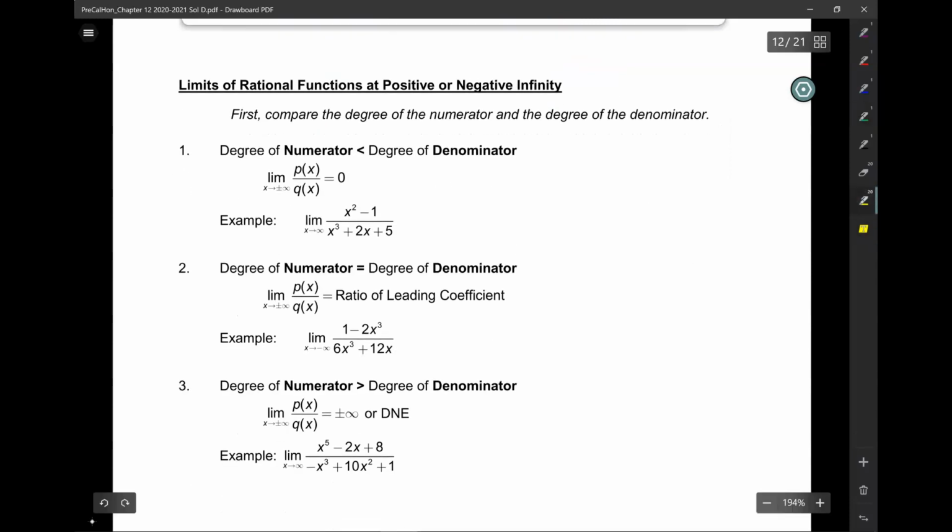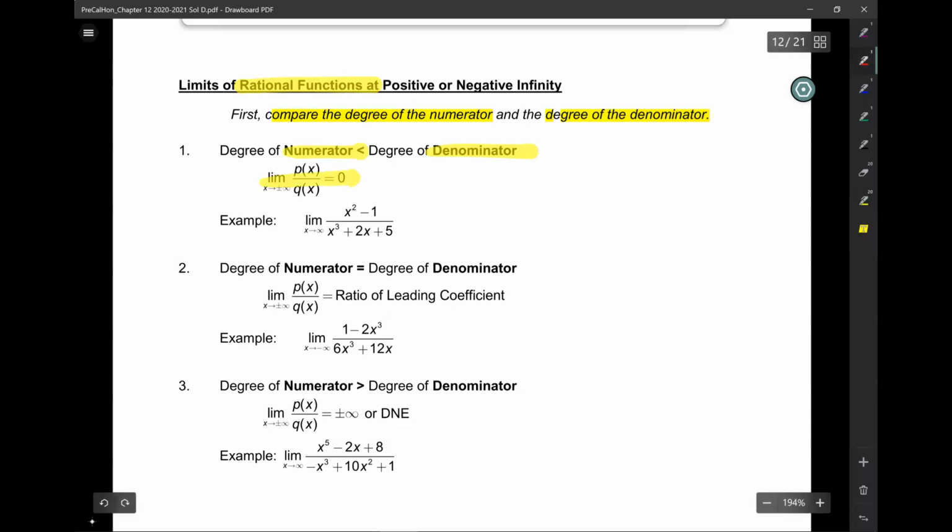what happens when you have rational functions at positive or negative infinity? We've done this before when we did asymptotes. All you have to do is compare the degree of the numerator to the degree of the denominator. So you take the term with the highest exponent on top and the bottom, and you compare. If the numerator has a lower degree than the denominator, so the denominator has a higher degree, then the limit is just 0.